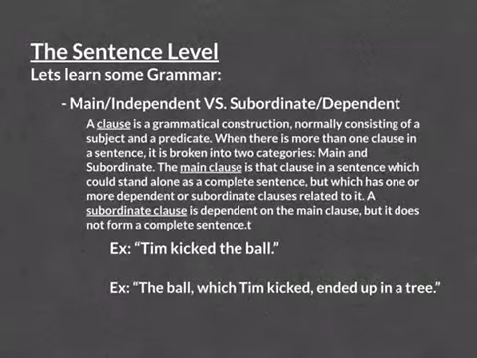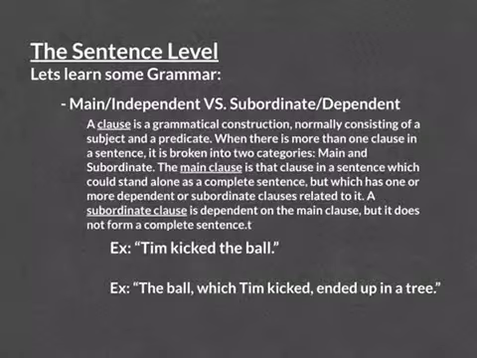Next, we need to understand the types of clauses. You have a main clause or independent clause, however you want to call it, versus a subordinate or dependent clause. I usually like to use one or the other, as long as you understand the difference between independent, dependent, and main and subordinate. A clause is a grammatical construction normally consisting of subject and predicate.